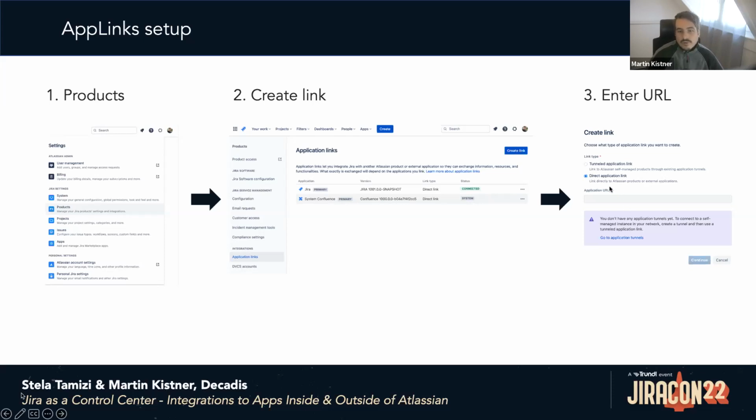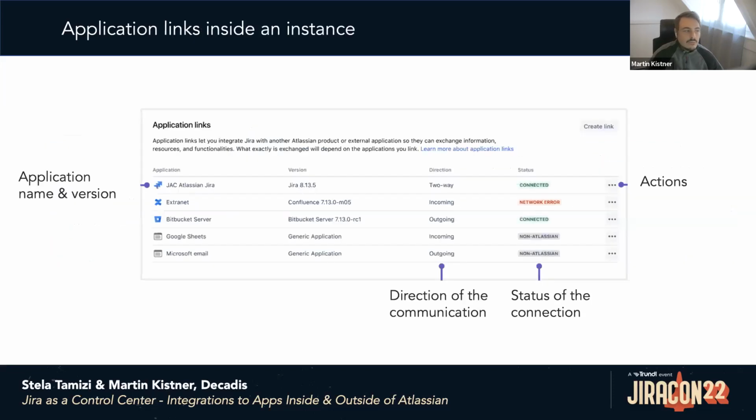It will open a modal dialog in which you can enter the URL of, for example, a remote Confluence instance. Insert the URL here and press continue. There will be some prompts coming up where you just have to confirm, okay, I would like to connect this one to this one. And then the list will be updated.